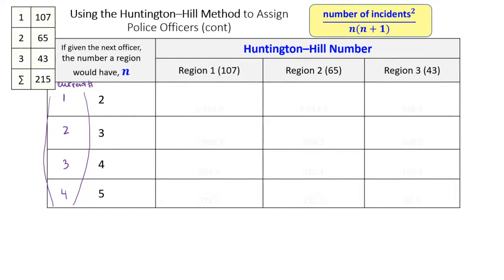If given the next officer, the number a region would have will be 2, 3, or 4. Okay, first we need to find Huntington Hill numbers. The number of incidents squared, 107 squared, divided by current representation, 1, and divided by representation when given the next officer.